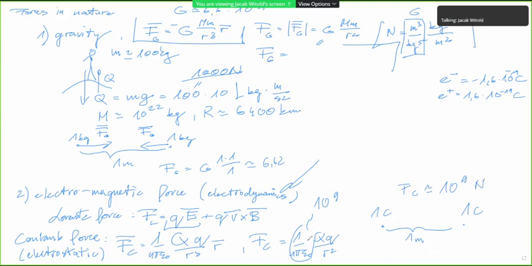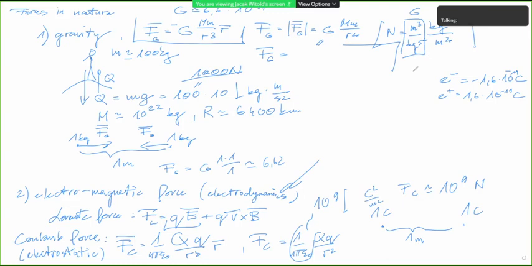Okay, because here we want to have newtons, and what do we have? We have Coulomb multiplied by Coulomb over meter squared, so Coulomb squared over meter squared, right? And what do we need to get the newton?